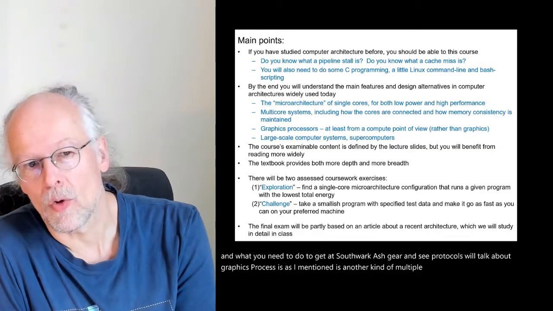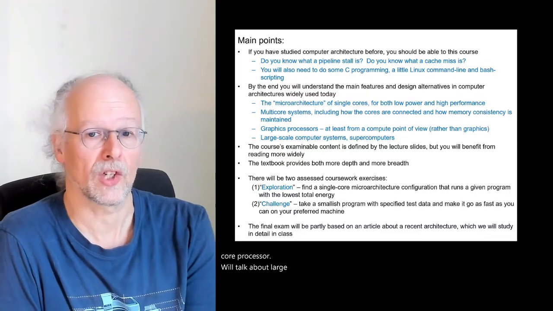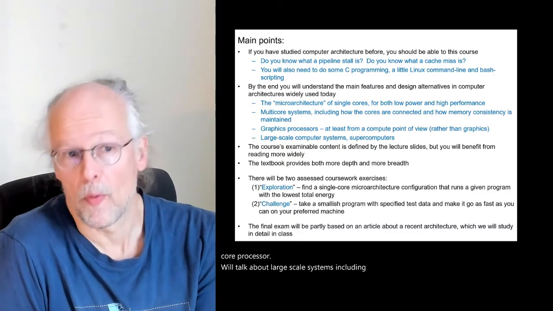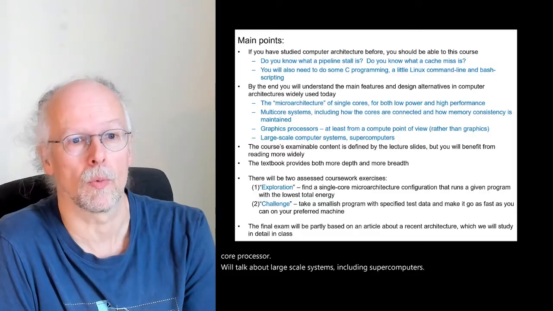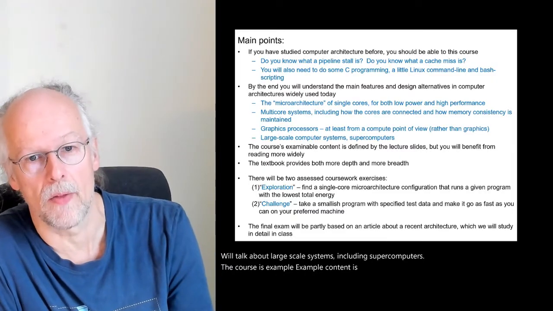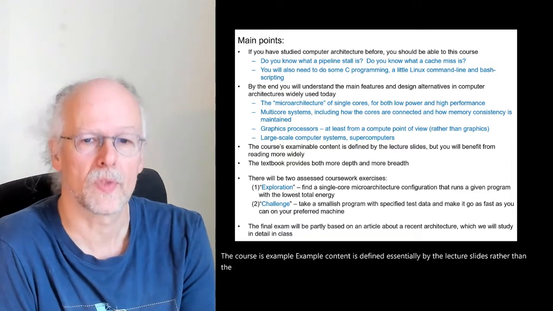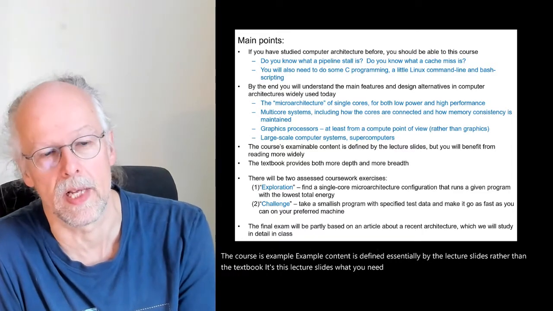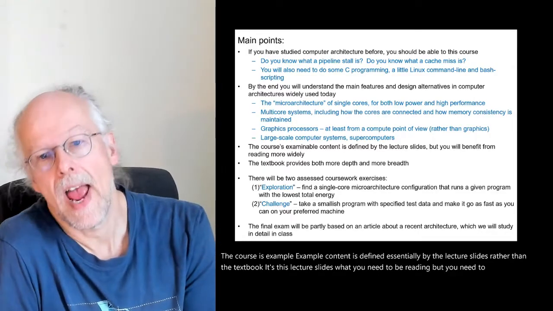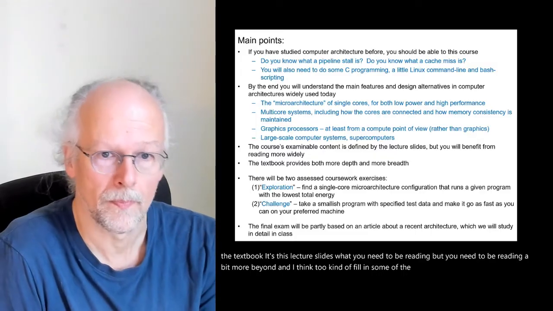The course's examinable content is defined essentially by the lecture slides, rather than the textbook. The lecture slides are what you need to be reading, but you need to be reading a bit more beyond that, I think, to fill in some of the gaps and to get a bit more confidence with the ideas. So my aim as a lecturer is to be your guide into this field.